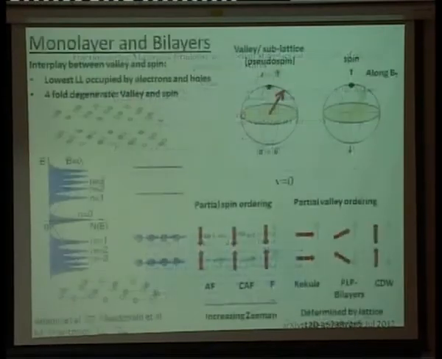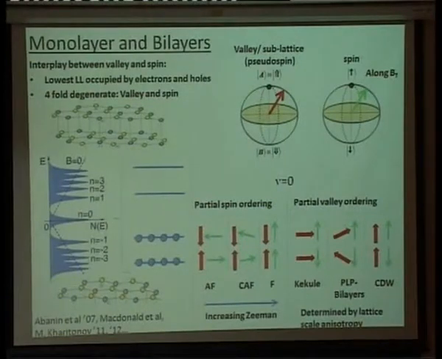So, as I mentioned, graphene has both spin and valley degeneracy, and once one applies a magnetic field to the system, one generates Landau levels, and one of the unique features, both in monolayer and bilayer graphene, is that the lowest Landau level sits at the Dirac point, and because of the double degeneracy of spin and valley, one ends up with a fourfold degeneracy.